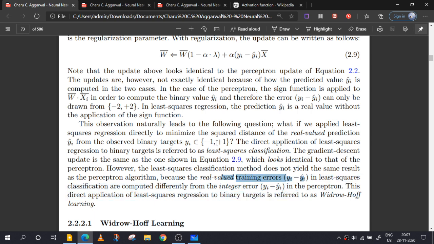Even though the output is the same, the way the error is computed is different. So here the errors are real values for least square, and here the errors are integers for perceptron. Least square classification is referred to as Widrow-Hoff learning. Yeah, this is identical to perceptron, but the way it calculates the error is different.